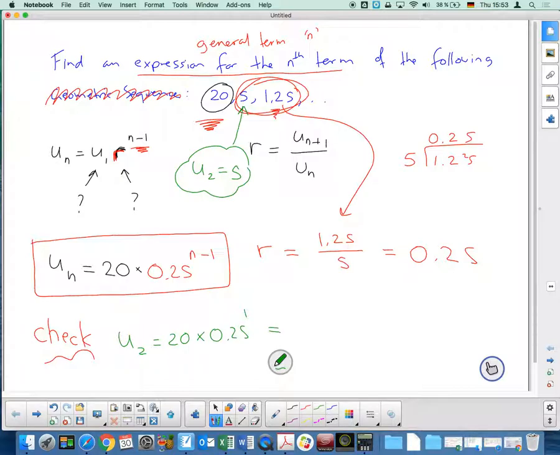Well, 20 times 0.25 is the same as 20 times a quarter. Now, a quarter of 20, or 20 times 0.25, gives me 5, which is the answer I should have got. So that's a quick check you can do if you just want to make sure you've got the correct general formula.